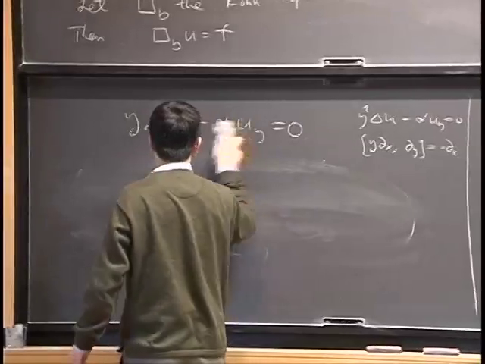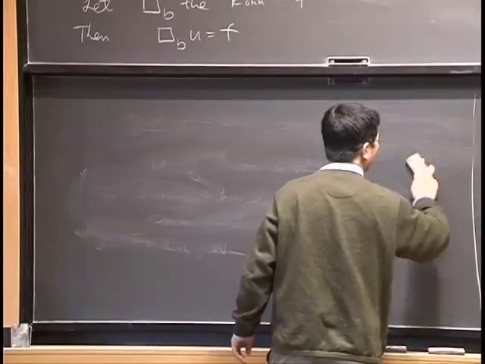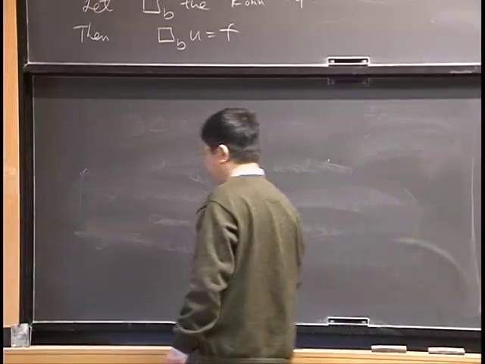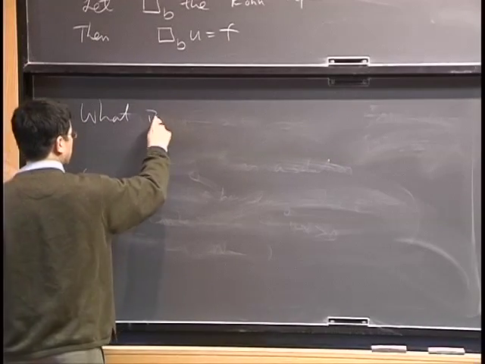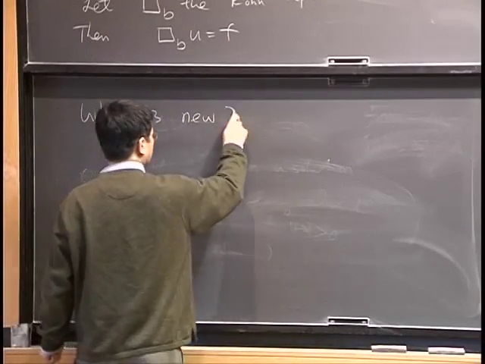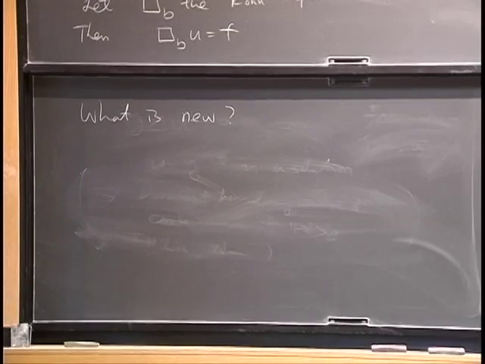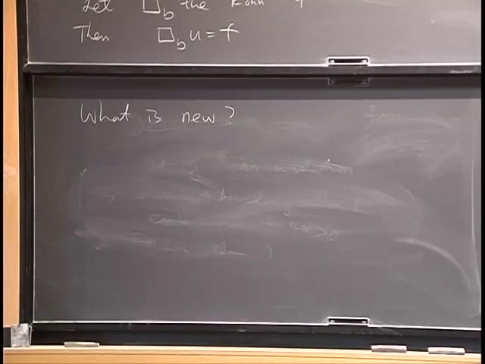So let me say what is new, and also the historical reason. Actually, this theorem, why people are interested in this is to study the d-bar Neumann problem, boundary value regularity, and this is what it boils down to.